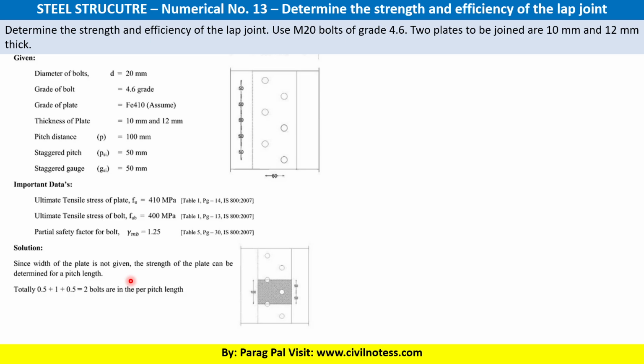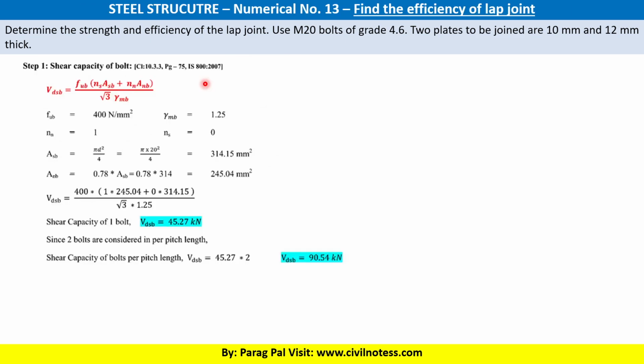Step number 1, we have to calculate the shear capacity of the bolt using clause 10.3.3 on page 75 of IS 800:2007. The formula is VDSB equals FUB upon root 3 into gamma MB, multiplied by the area terms, which is a very standardized formula you are familiar with if you watched my previous lectures. We have FUB and gamma MB, we are considering NN as 1 and NS equals 0 because there is no shear plane in the threads.